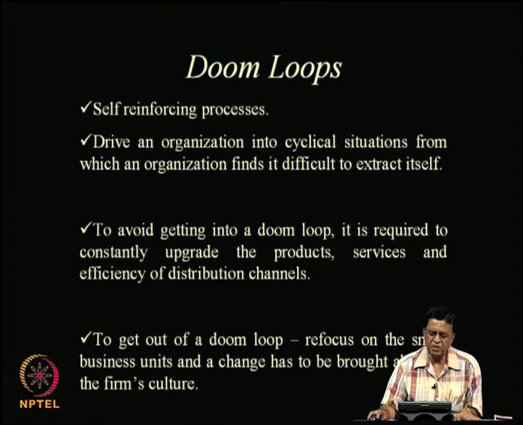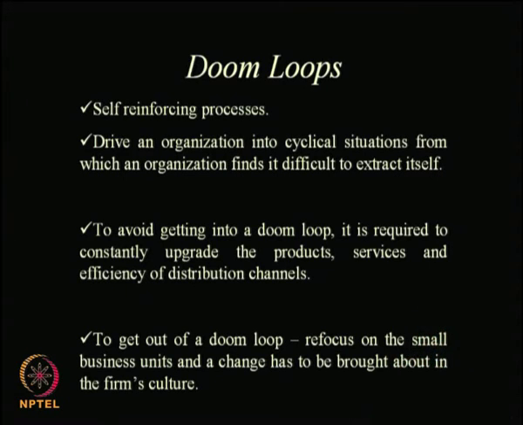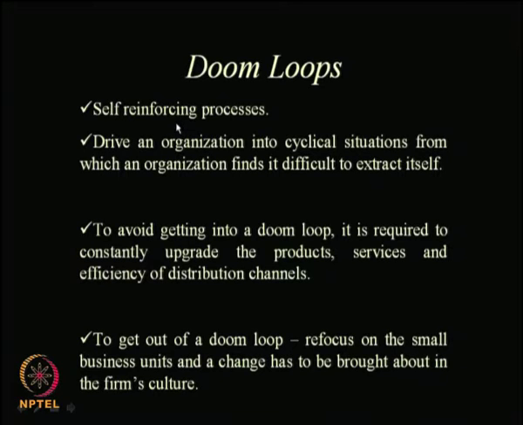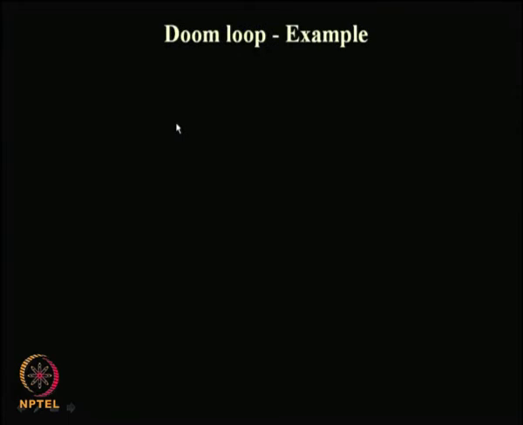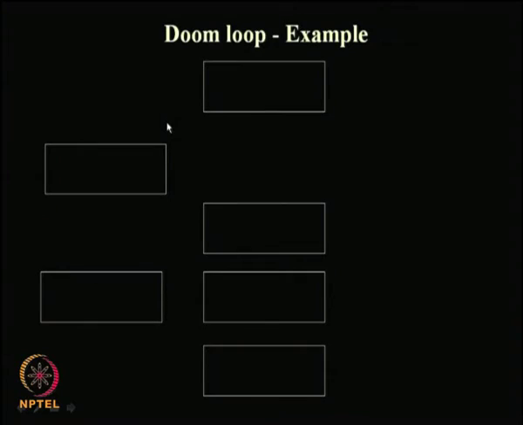It is required to upgrade the products, services and efficiency of distribution channels. Now, suppose the organization has got stuck in the doom loop, what should it do? It should refocus on the small business units, and a change has to be brought about in the firm's culture. I am just giving you an example of how this doom loop works.